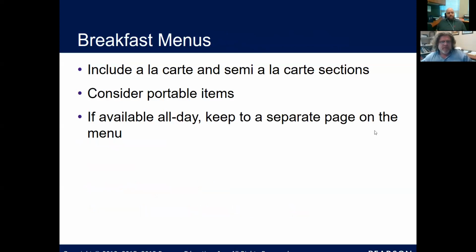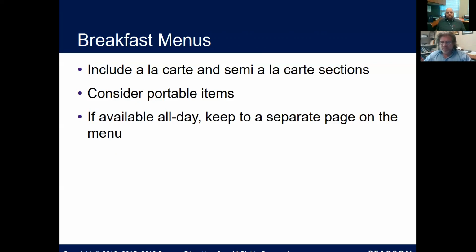I agree. So, different types of menus. Breakfast menus tend to be fairly a la carte. If you think about going to eat at Cracker Barrel, you can order bacon and eggs and all that separately, or they will have semi a la carte items where you order an item like bacon and 3 eggs and toast, and they kind of come together.